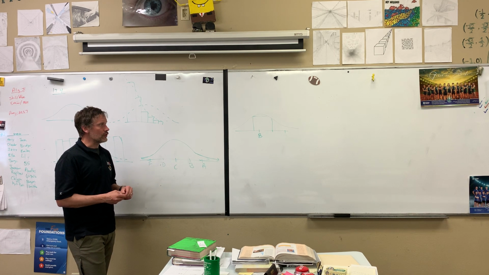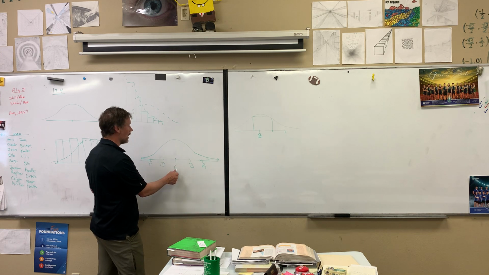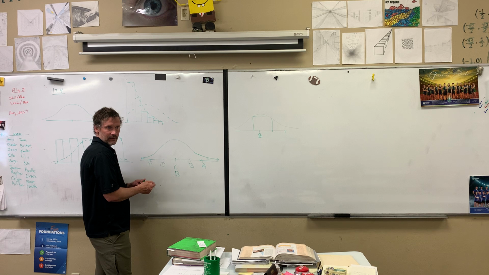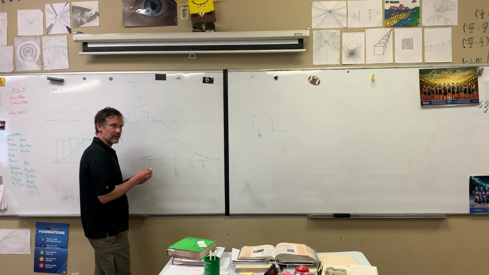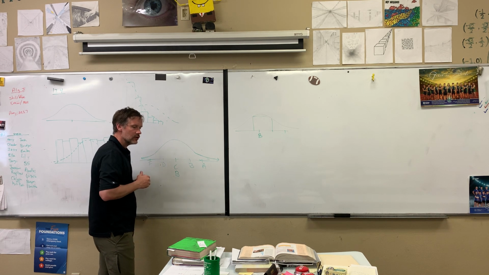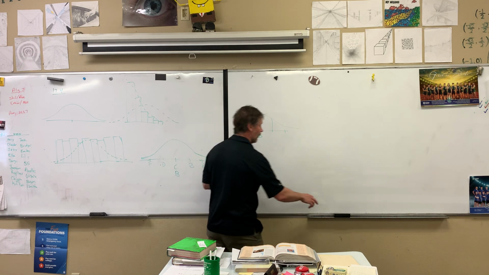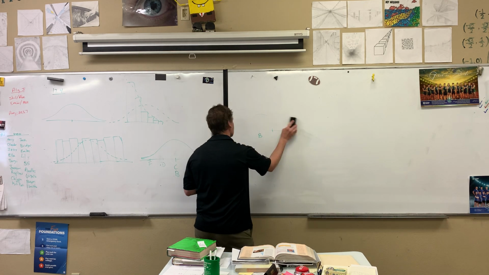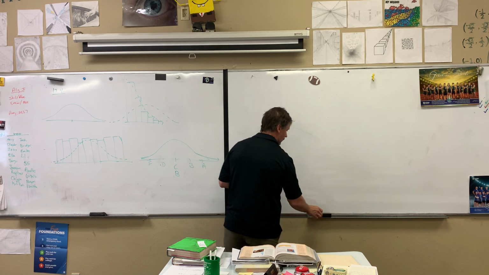So therefore your middle may not be a C, your middle average may be more like a B. So you go to a different demographic and things will change just because you have a different clientele. Okay, so that's the general idea of the standard normal curve.